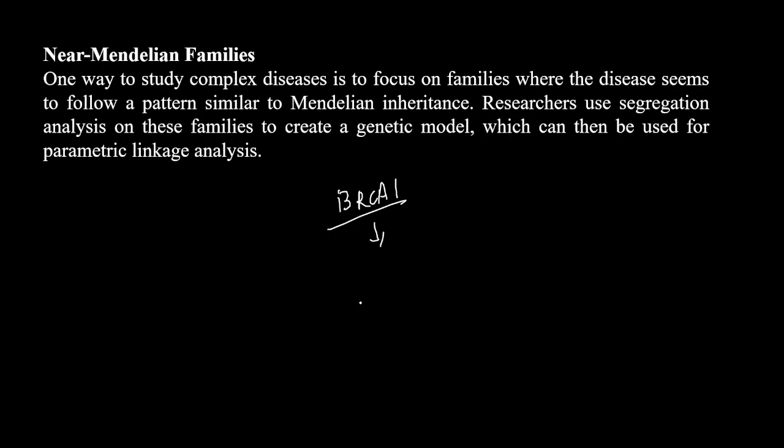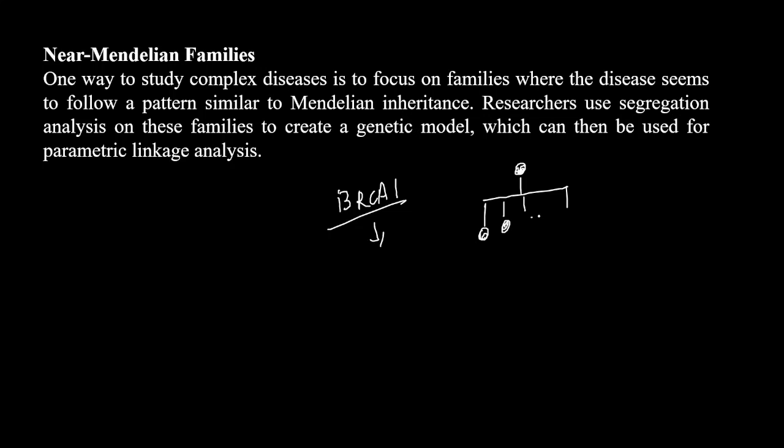And again, this could be because of incomplete penetrance, expressivity, environmental factors, lifestyle factors. Suppose this is an autosomal dominant disease. If this is the autosomal dominant parent, then at least 50% of their kids should have this disease.